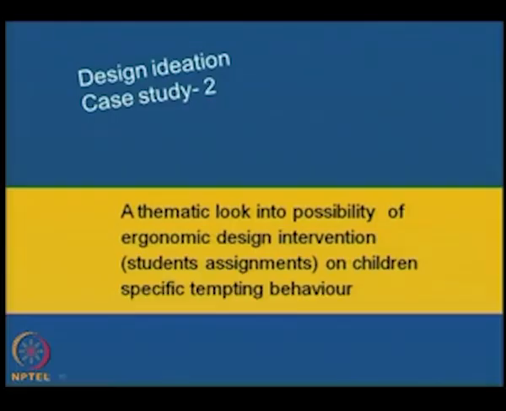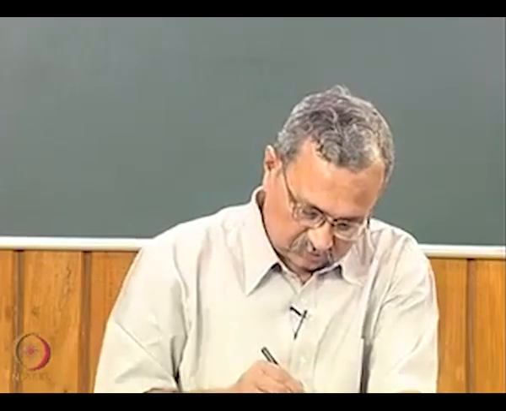A specific area where we can allow children to do something that normally parents try to stop them from doing, with a special design approach, so that they can learn some specific behavior. Now, let us see how.